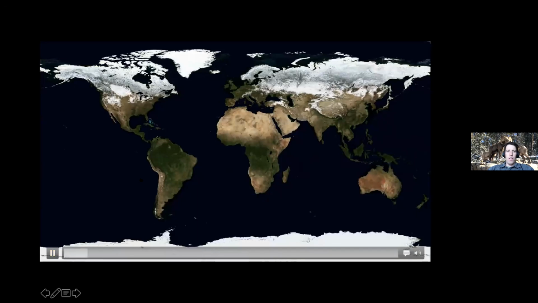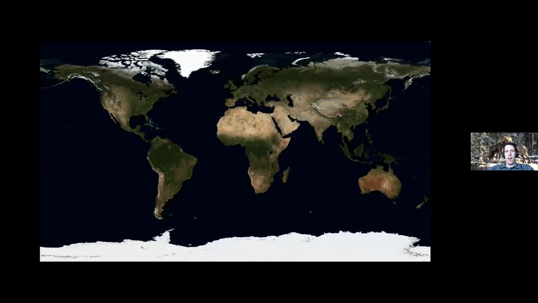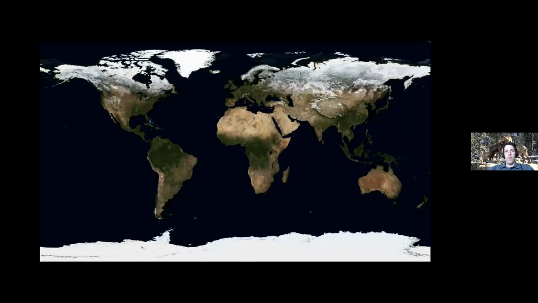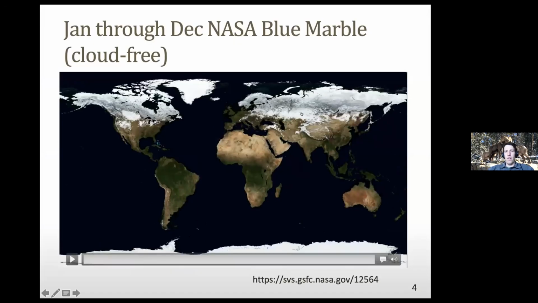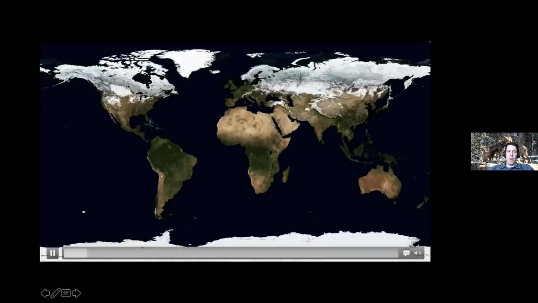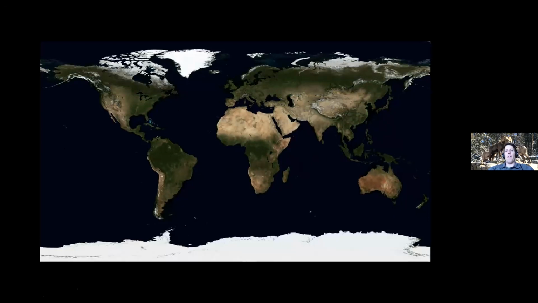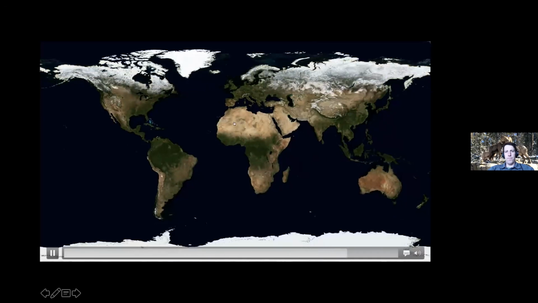And so you can see that, especially in the northern hemisphere, there's a lot of snow covering the land, right? As we move, and it wanes, right, as you go into the summer. But it's covering a significant portion of the Earth, and then of course all of Antarctica. And so snow is a major part of our climate, and it's important for our water supply.